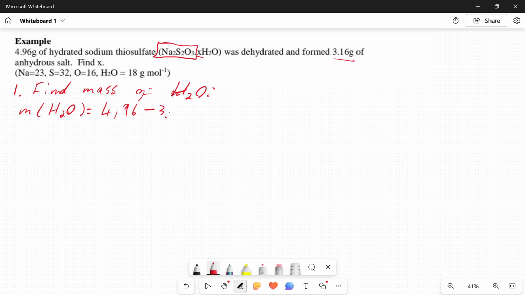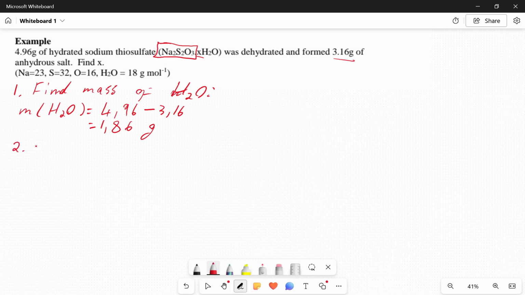So we are going to take that out. When we take that out, we will remain with the mass of water. Okay, so we're taking it from this whole thing here and then subtracting the mass of that particular anhydrous. And the answer we get, I already calculated this, is going to be 1,86 grams. This is going to be the mass of water.